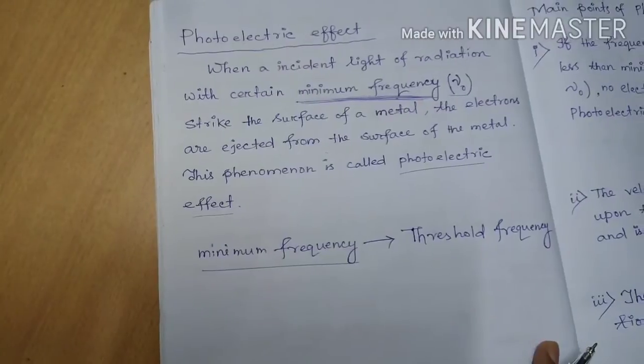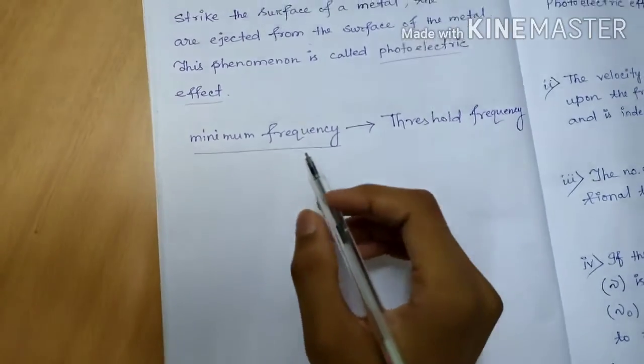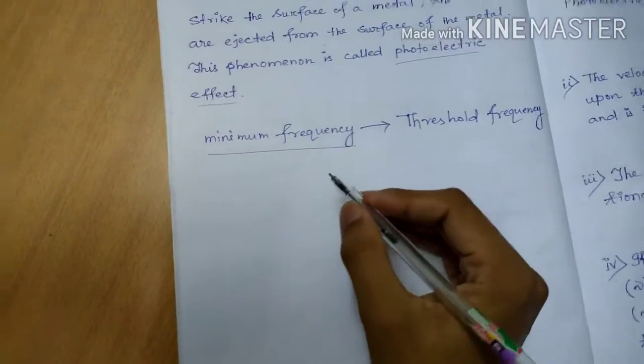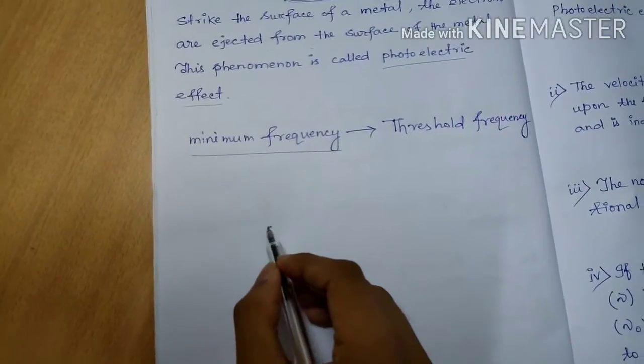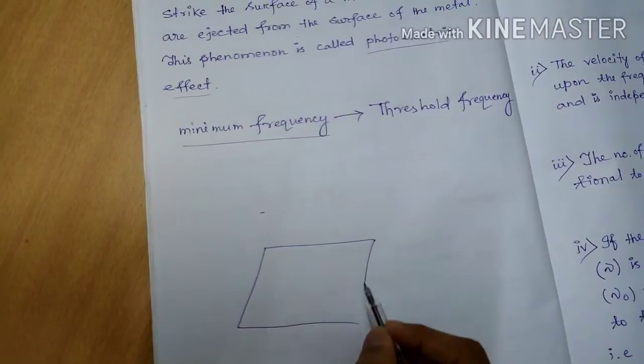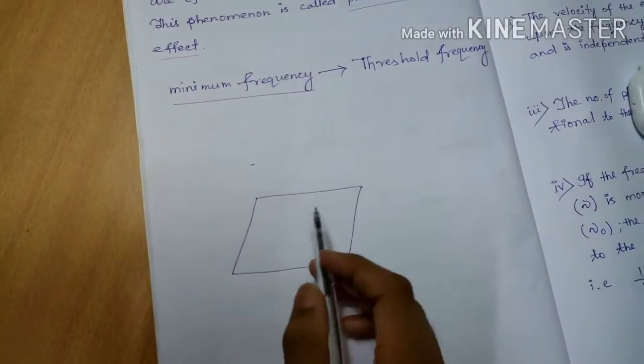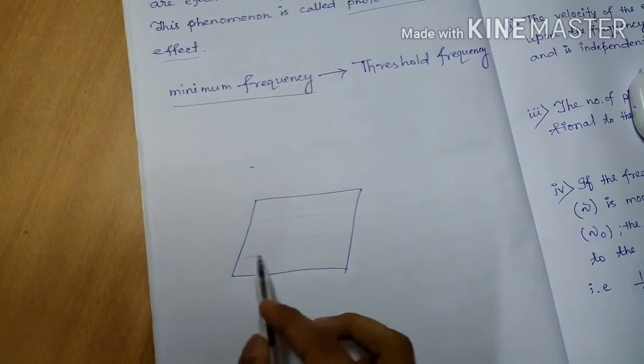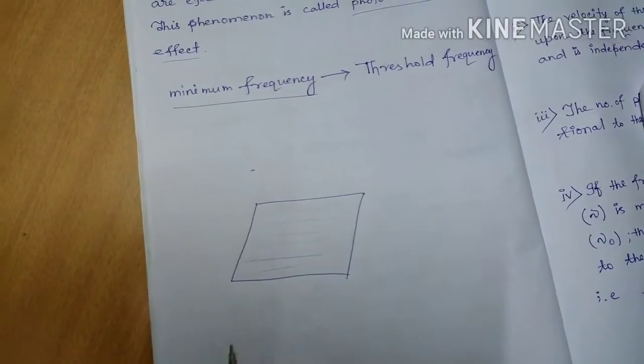Now let me draw one diagram. Suppose this is the metal and this one is the surface of the metal.